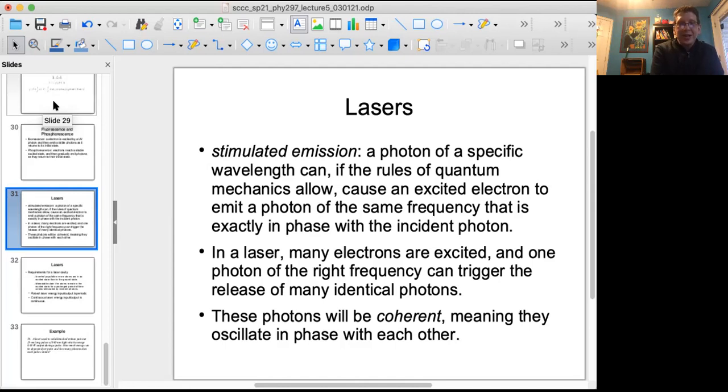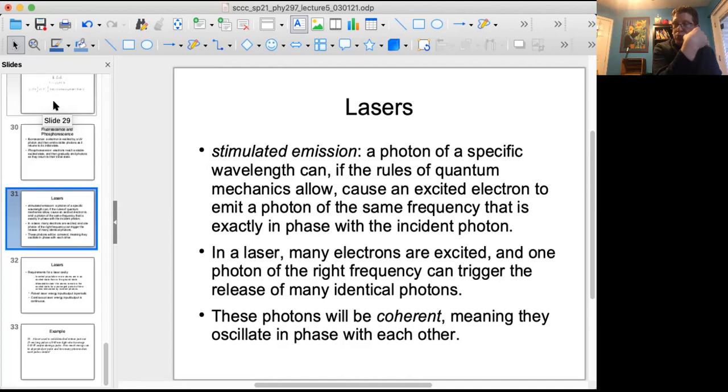And so it's both quantum, and it's related very directly to its wave-like properties. So think sympathetic strings, and it's very much like that. In a laser, you get a cavity where you have a whole bunch of electrons that are excited, and you expose them to light of this frequency.